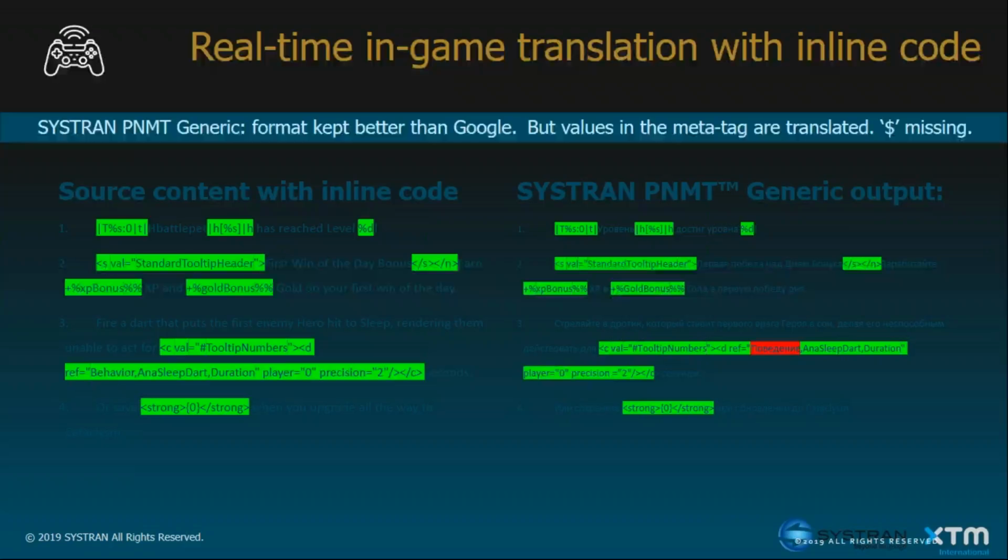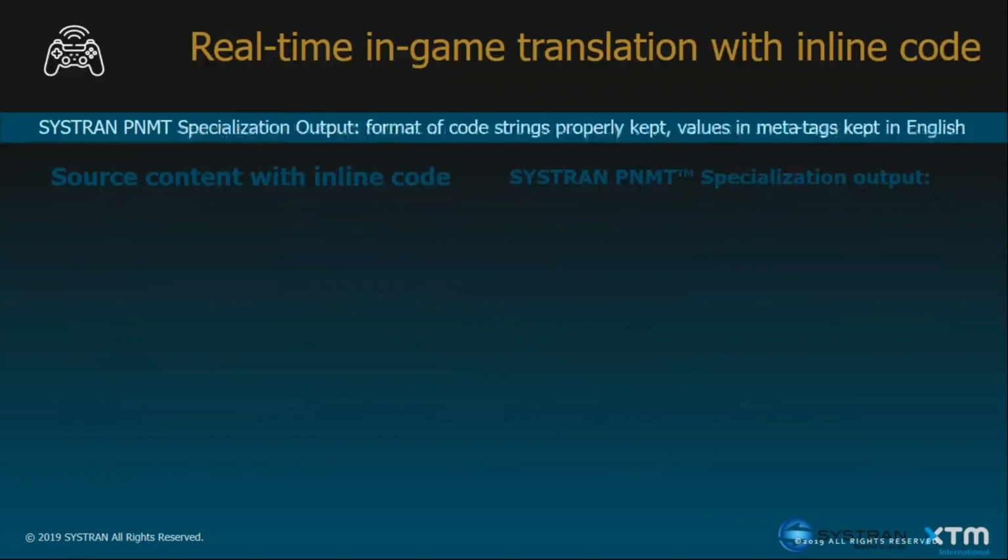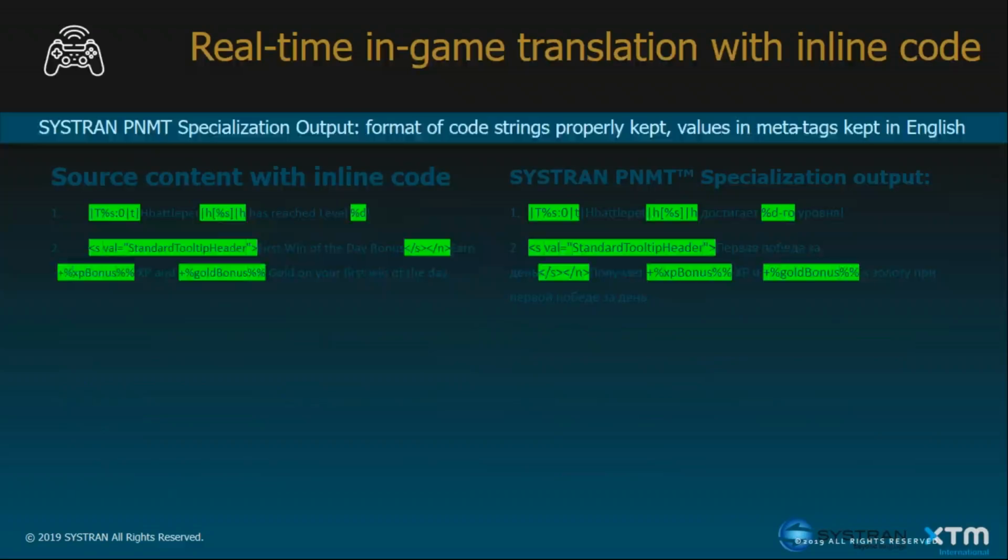And so really the benefit of going beyond the generic product is to have an engine specialized, totally aware of what's coming, what sort of tags are possible, how should they be handled, because we feed that into the training process. So we can see the next slide has the result of the same text going through a specialized translation engine.